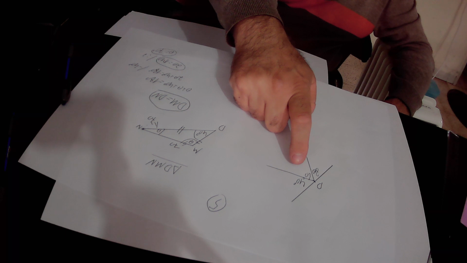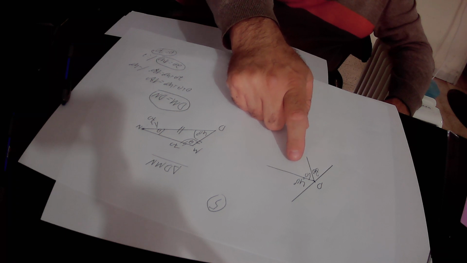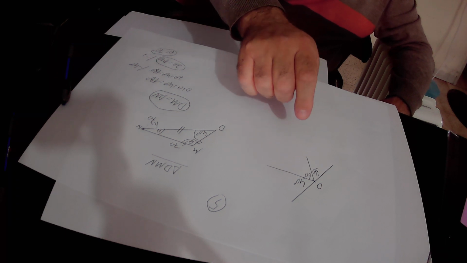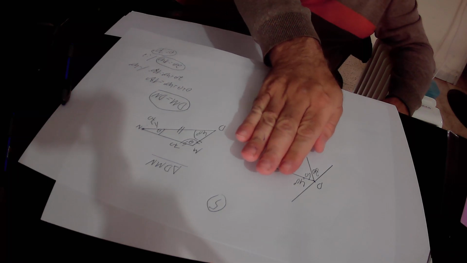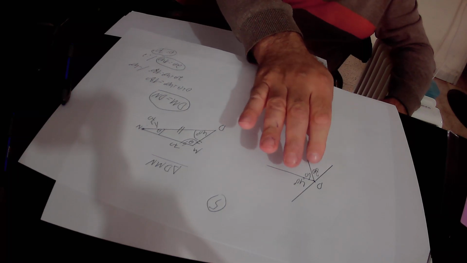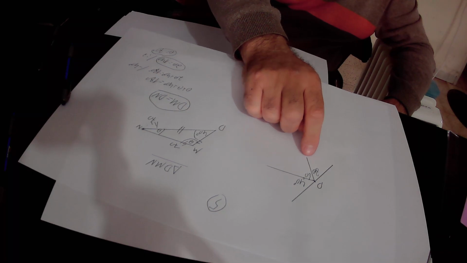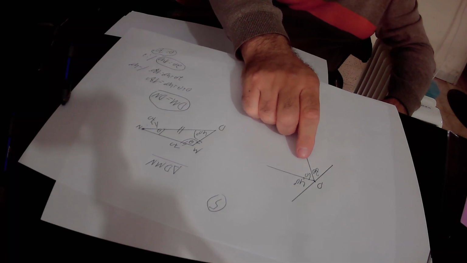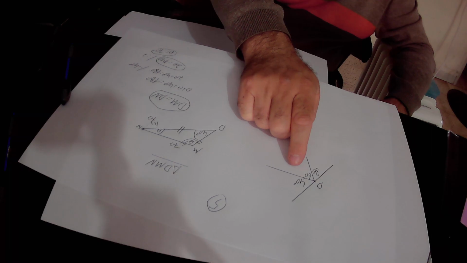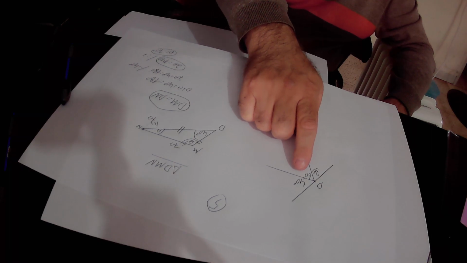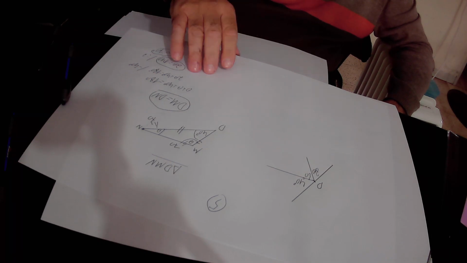Therefore, the missing angle must be equal to 40 degrees in order to complete the sum of the angles on this side of the straight line at point D to 180 degrees, because 80 degrees plus 60 degrees plus 40 degrees is 180 degrees.